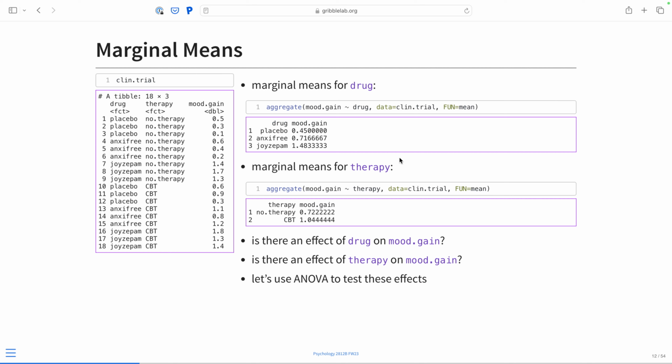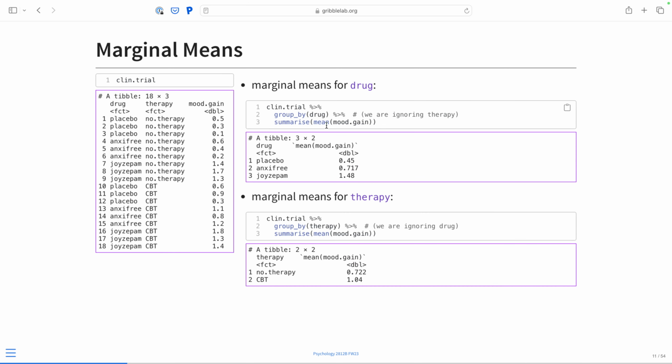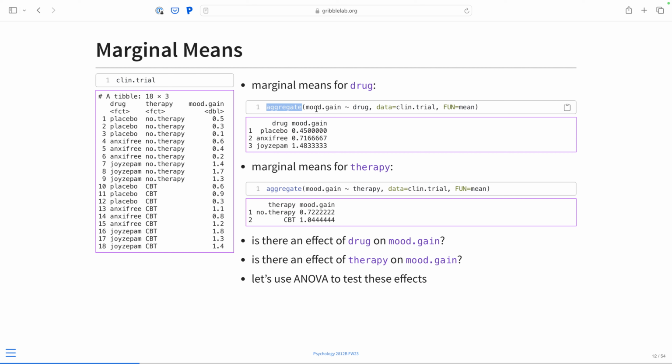There's also a function that you might see called aggregate, which gives you the same thing, but works in a different way. Instead of this tidyverse kind of way of doing things, where you group by and summarize, in aggregate, you pass it a formula. Just like a formula for a linear model.